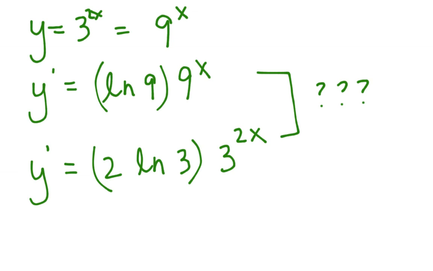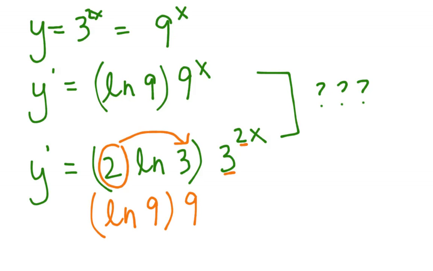Well, what do I remember about this rule? ln 3 squared would be ln 9, and this is just 3 squared times 3 to the x, or 9 to the x. Same thing. Cool, huh?